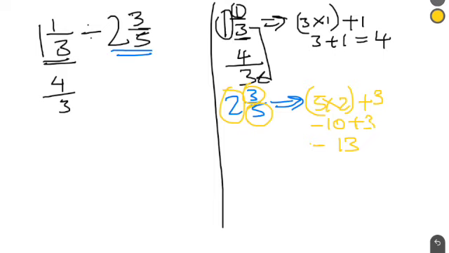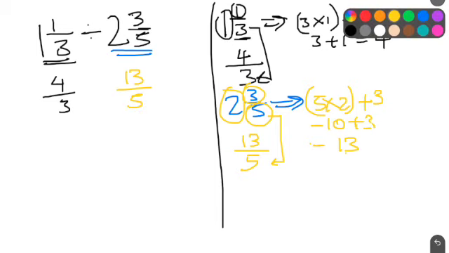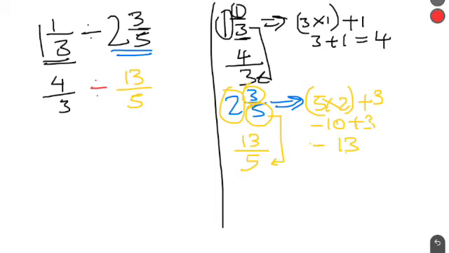So this is our numerator. So it's 13 over, we keep the denominator, which in this case is 5. So now our problem becomes 4 over 3 divided by 13 over 5.